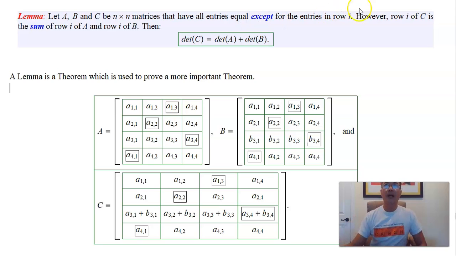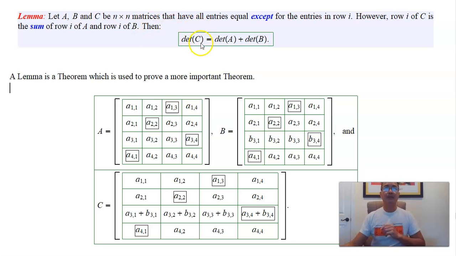However, row i of C is the sum of row i of A and row i of B. Okay, so all entries are the same, except for one row, the same row on all three matrices. And it so happens that row i of C is the sum of row i from A and B. Then what's going to happen?